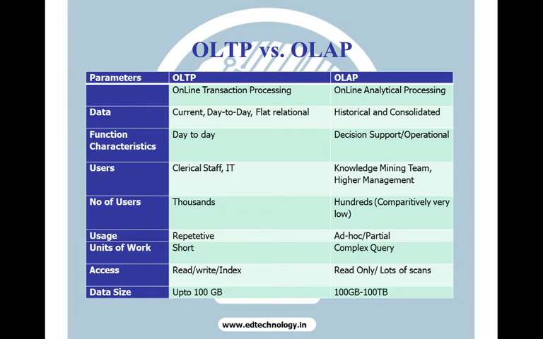When we talk about data sizes, OLTP is very small, from about 100 MB to 100 GB. But as I mentioned, OLAP is a huge historical consolidated form of data, so it is very large, in the range of 100 TBs, right?